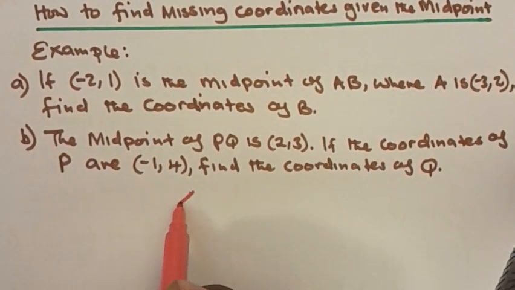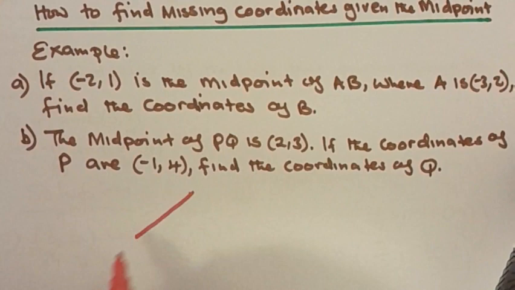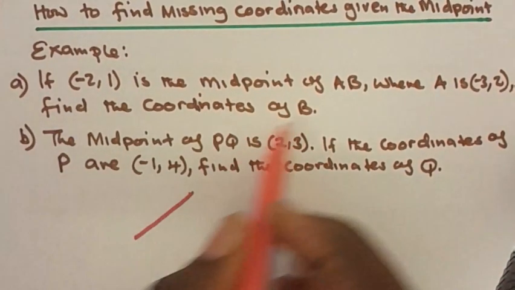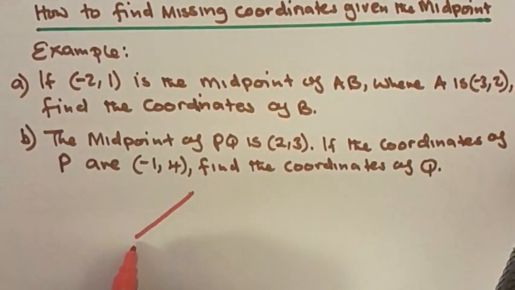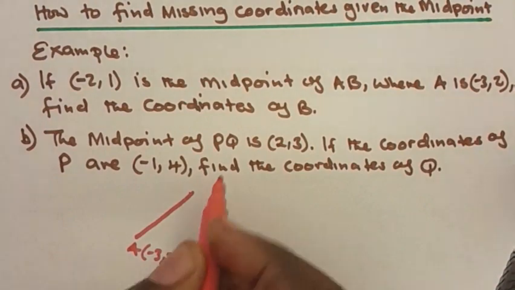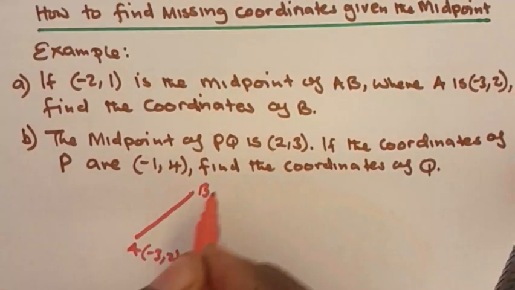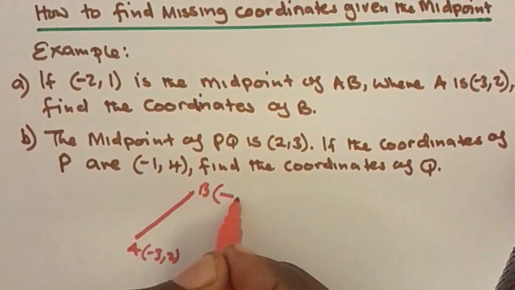Okay, I'll just roughly draw a line like this. So we are going to say maybe this one, point A, which is, we're going to sketch it like this. Point A, negative 3, 2, and then point B. Point B, we don't know the coordinates, okay?